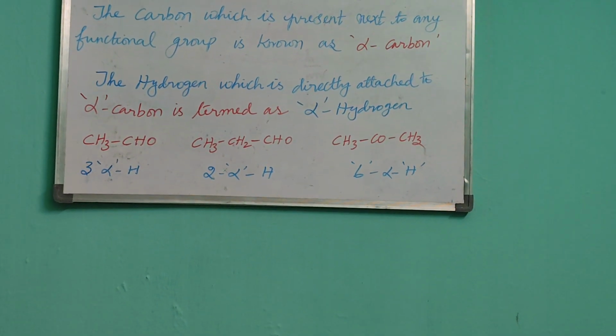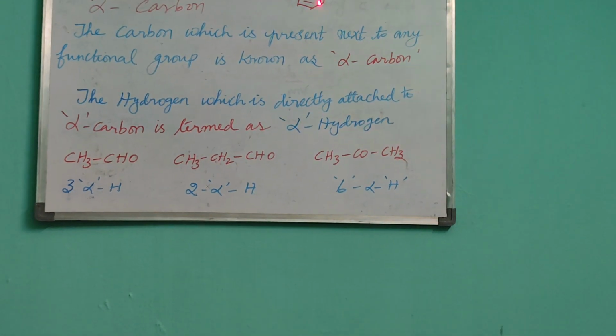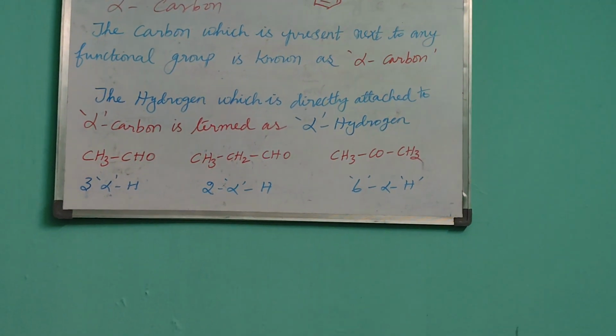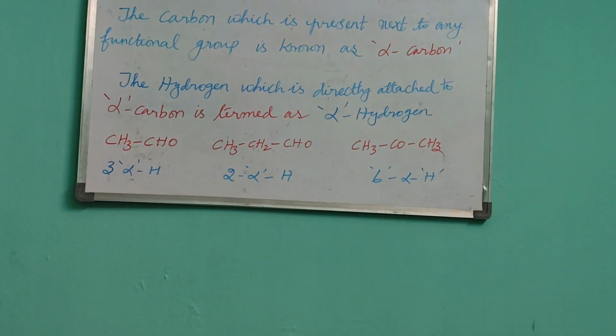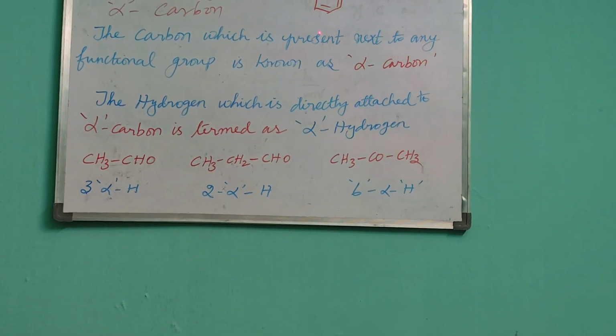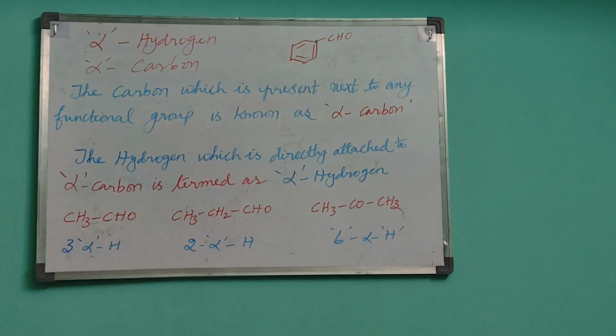Therefore, this compound is suitable for the Cannizzaro reaction. The same goes for formaldehyde, which also does not contain any alpha hydrogen. So we can use both formaldehyde and benzaldehyde for the Cannizzaro reaction. Thank you.